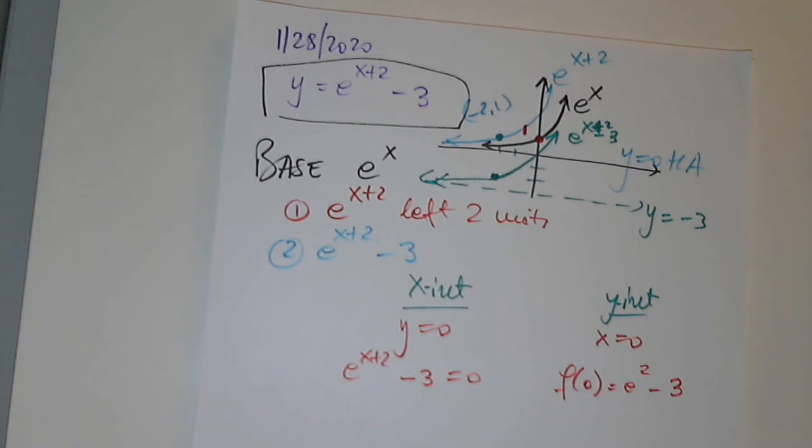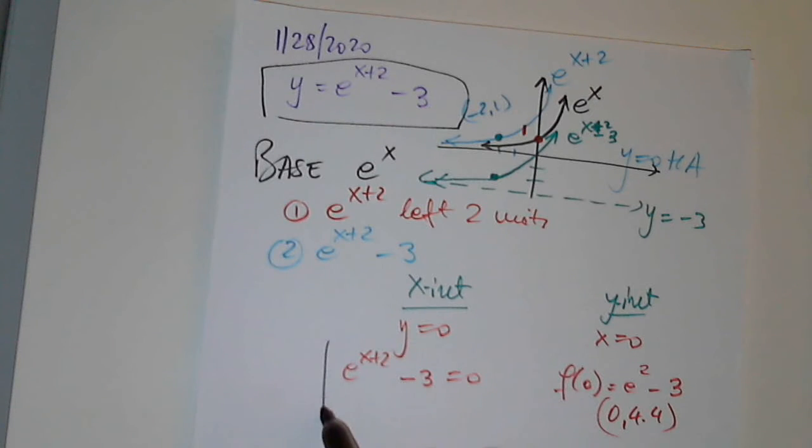So e squared minus 3 is approximately 4.4. So 0, 4.4. So obviously the y-intercept is above the x-axis. Now for the other one, how do I solve this and what type of equation is it?